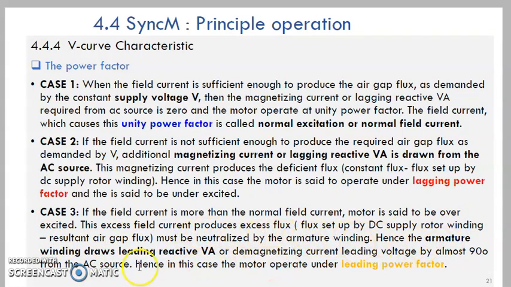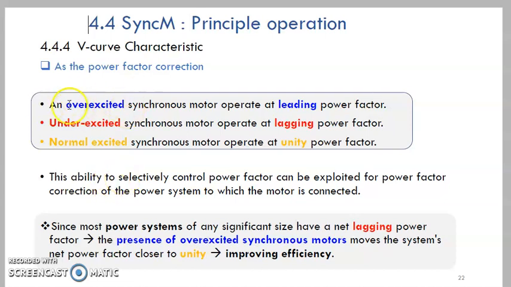So the armature winding will draw leading VA, and it will supply Q to the line. The magnetizing current leads the voltage by almost 90 degrees from the AC source. So now it operates under leading power factor. So you can see here over excited, under excited, and normal excitation.